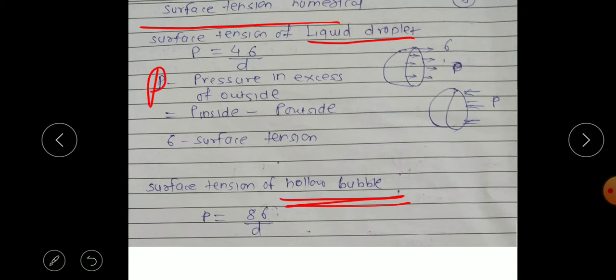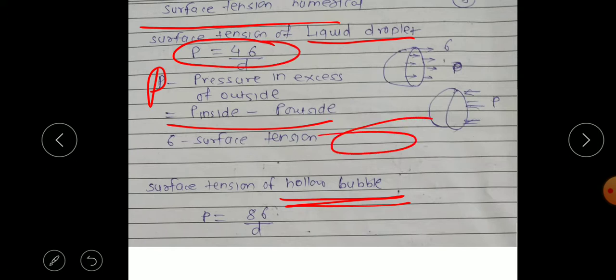Outside is normally atmosphere. So the excess pressure acting on that liquid droplet is inside pressure minus outside pressure. We have derived the formula as P is equal to 4 sigma by D, where sigma is the surface tension.